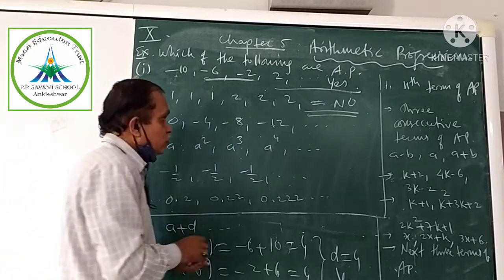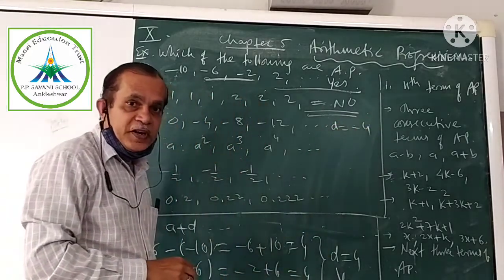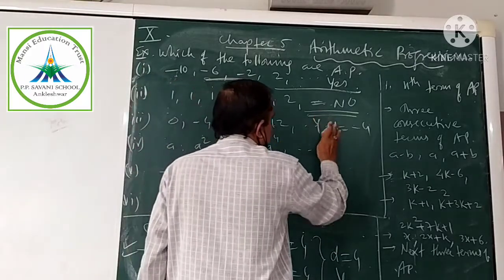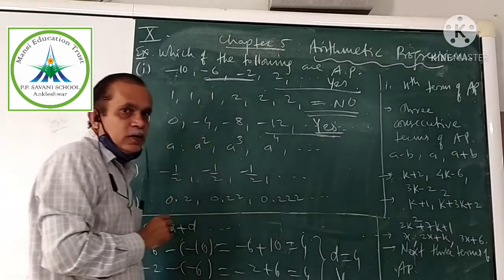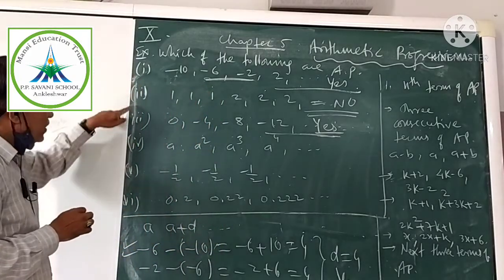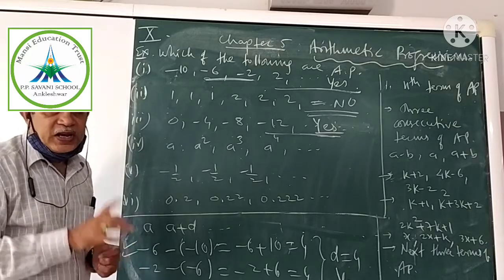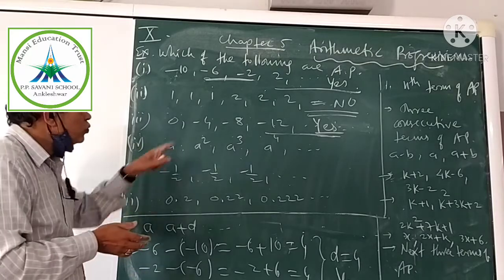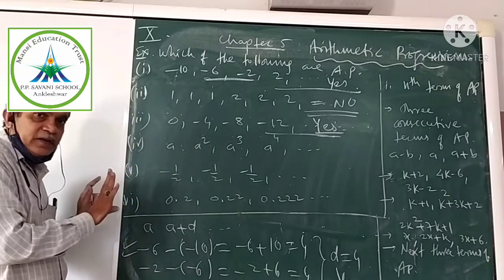So D equals minus 4, and it is an AP. We will write that. This is only for checking ourselves orally. We are in class 10; if you are not able to do the subtraction, then use a rough column.